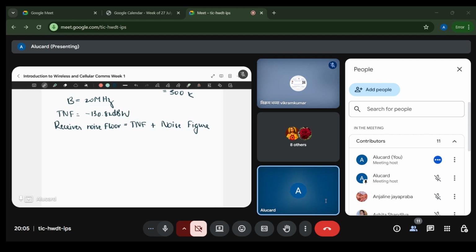So finally, the minimum SNR is the receiver sensitivity minus the receiver noise floor.